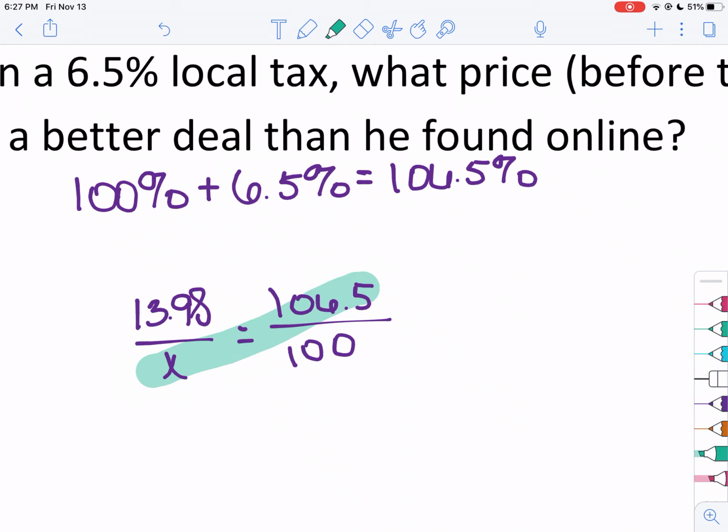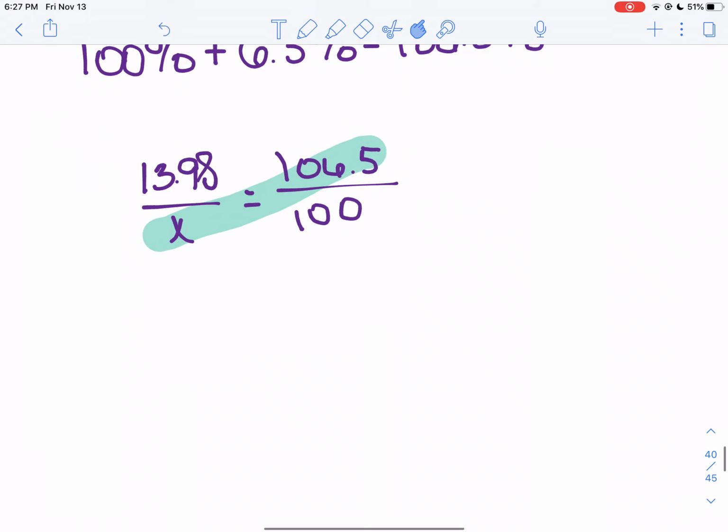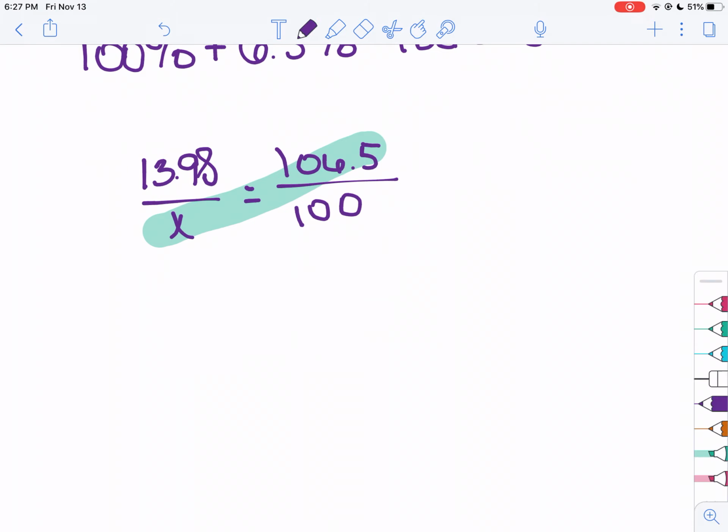So x times 106.5 gives us 106.5x. 1398 times 100 gives us 1,398.